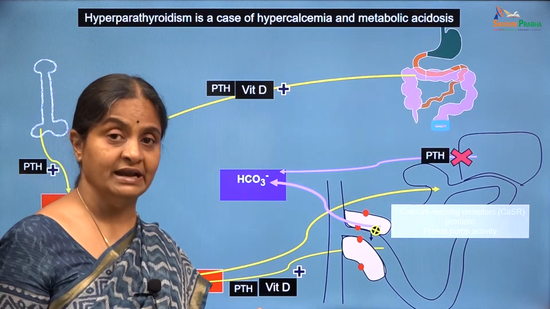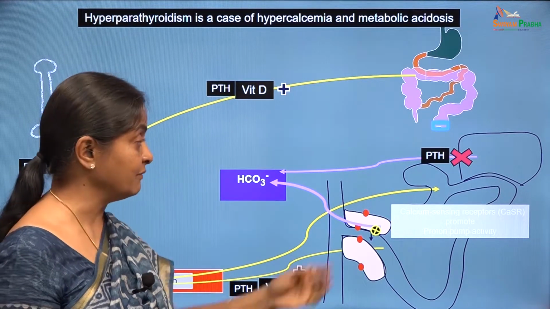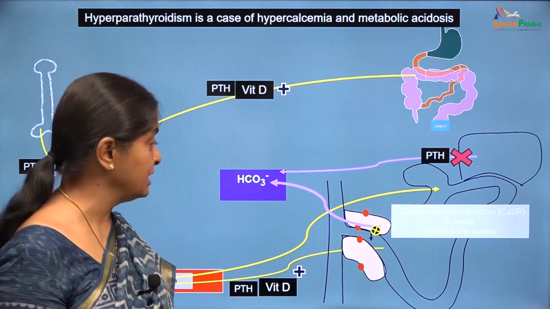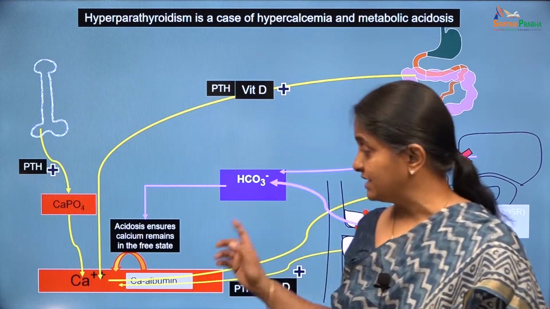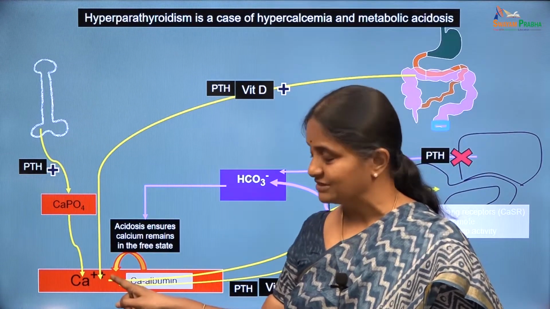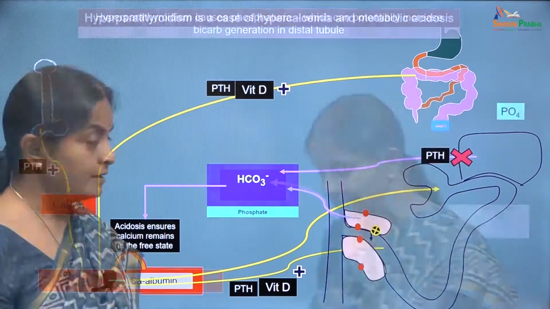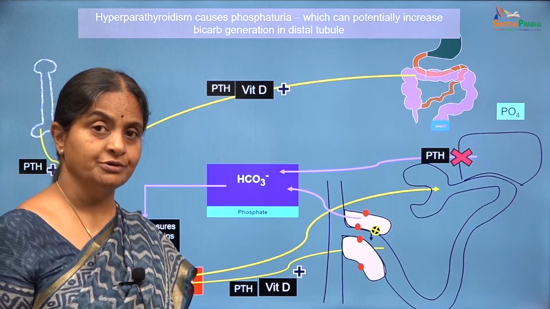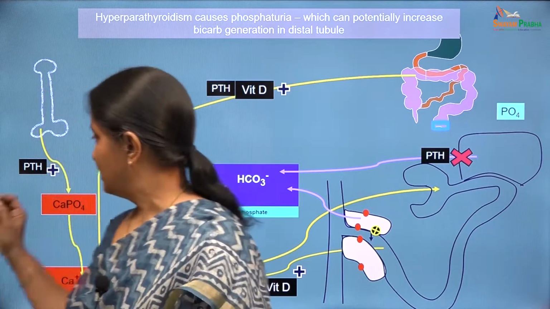Therefore, the bicarbonate levels in hyperparathyroidism will actually be low. There will be bicarbonate loss in urine, and that will ensure, the resulting acidosis will ensure that calcium remains in the free state and does not move into the bound state. To complete the picture, let us also see what parathormone will do to phosphate.